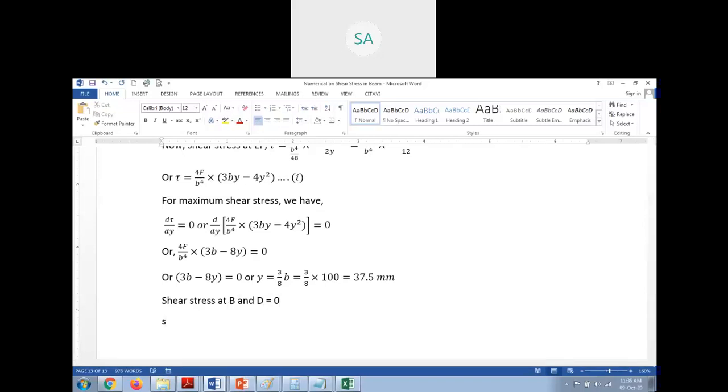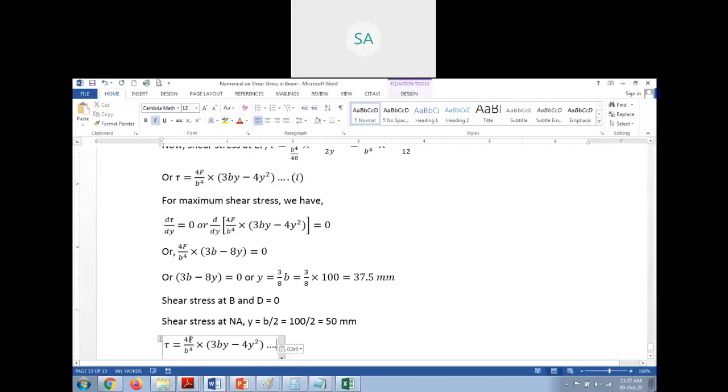Then shear stress at neutral axis, right? Y is equal to b by 2, which is equal to 100 by 2, 50 mm. So in this expression, you put the value of y as 50 millimeter. So let us use this. Tau is equal to 4f.